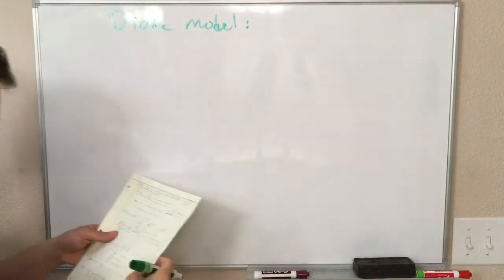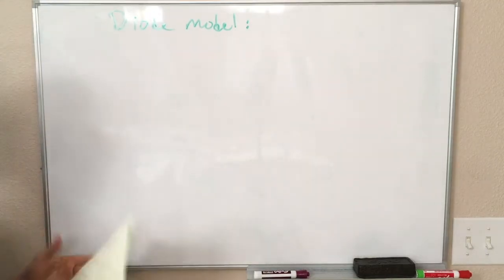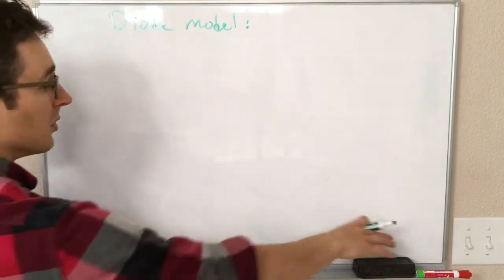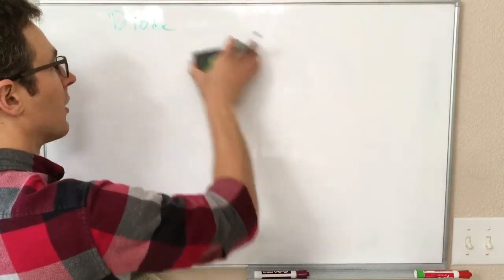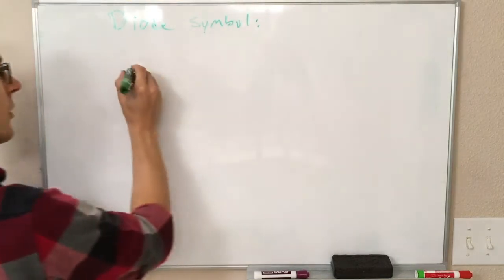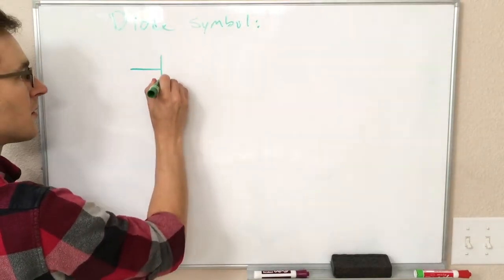So let's now move also to our diode symbol and how we're going to use it on our circuit diagrams. So our diode symbol looks like this.